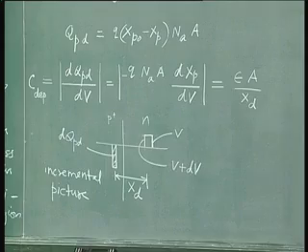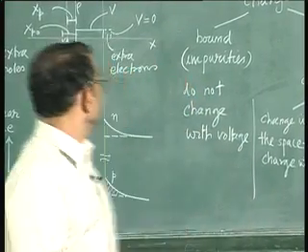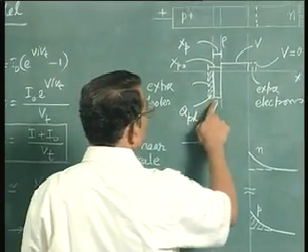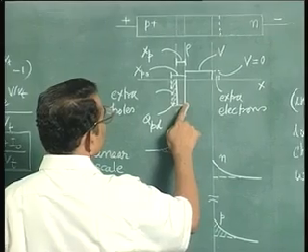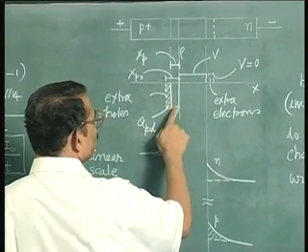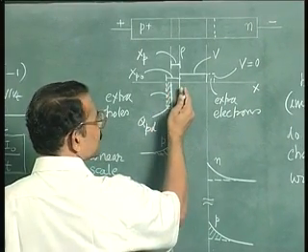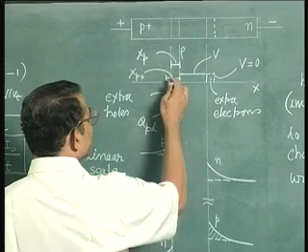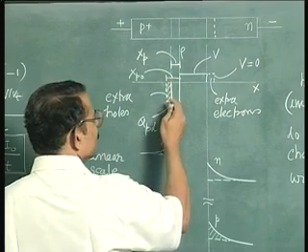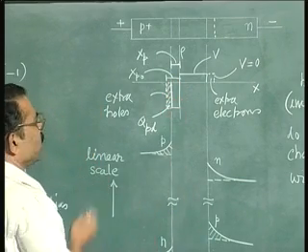Please understand this. Come back to this figure. This is the negative charge. When you apply more and more forward voltage, the negative charge decreases. So what is shown is the change in the negative charge. Okay? So decrease in negative charge means increase in positive charge.